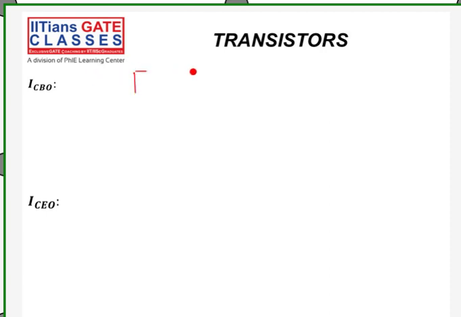It means we have a circuit like this. We have collector, emitter and base. When this terminal is open, you can see this is collector to base.